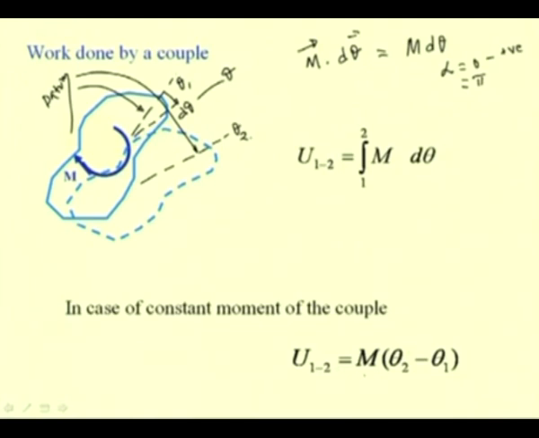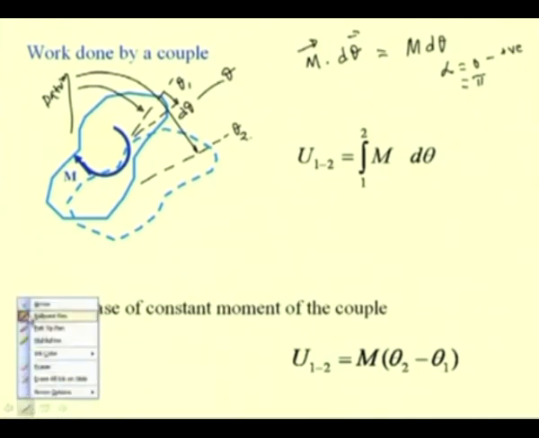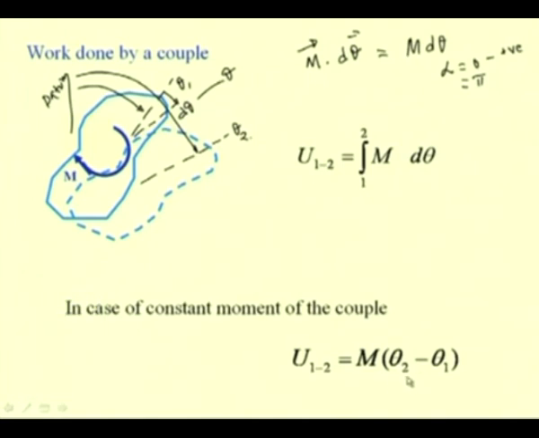So, again we see that for a constant moment the total work done depends on the initial position theta 1 and the final position theta 2.